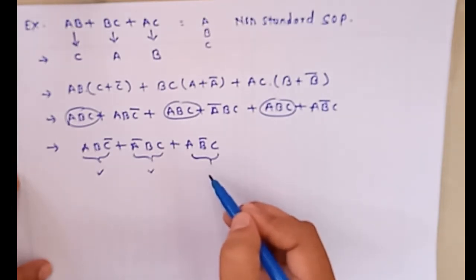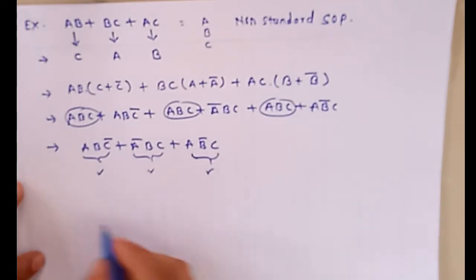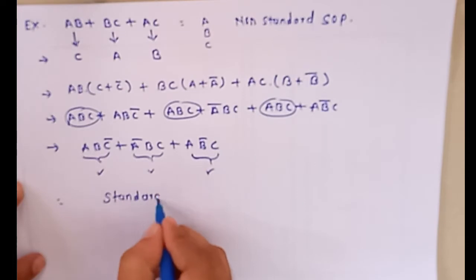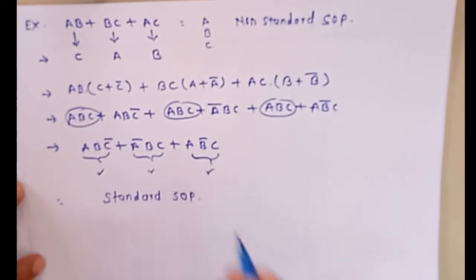And in third also all literals are present, so this is also valid. So this is what, standard SOP form of our equation. Okay, if you are having any doubts regarding this conversion, then you can write in the comment section below the video.